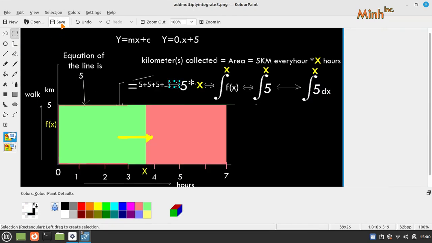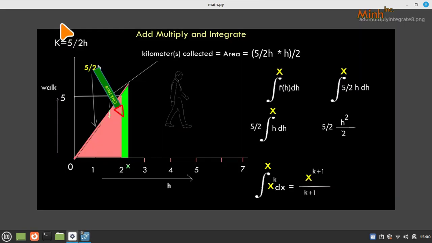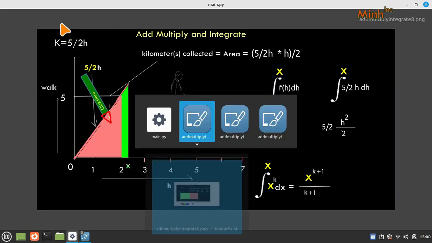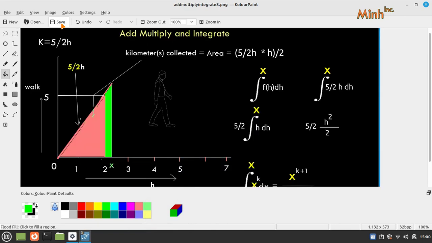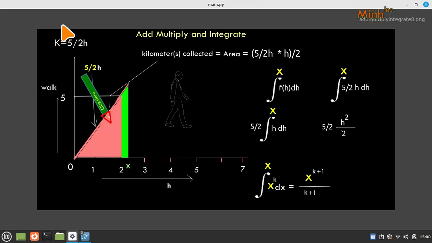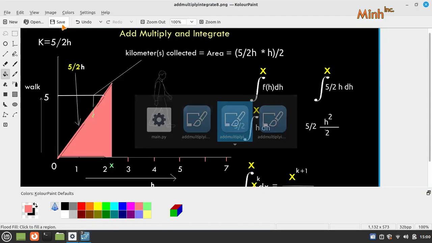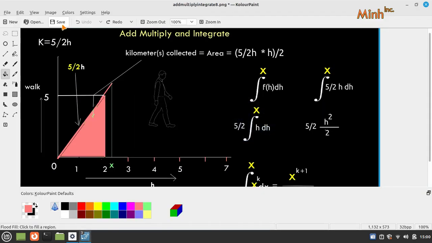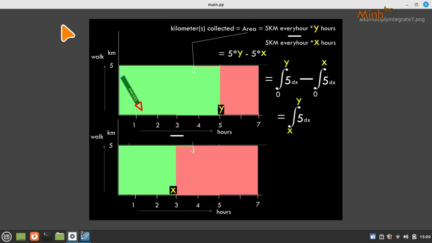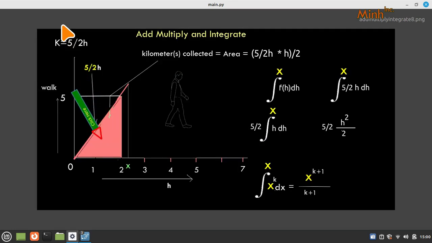In 2 hours, he travels this area, then in x hours he travels the full area. Now we have to find it.